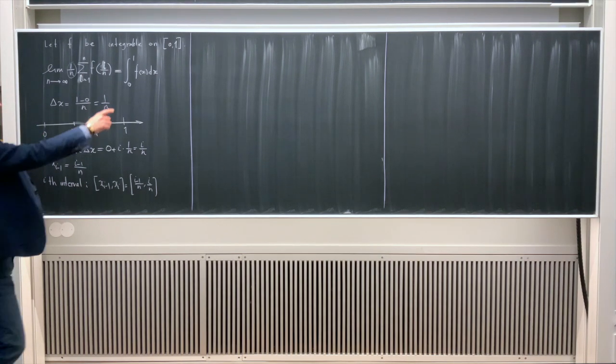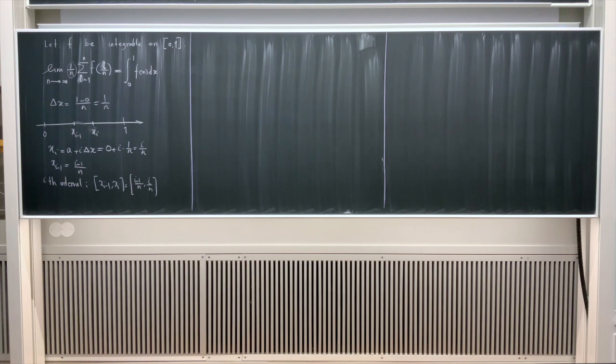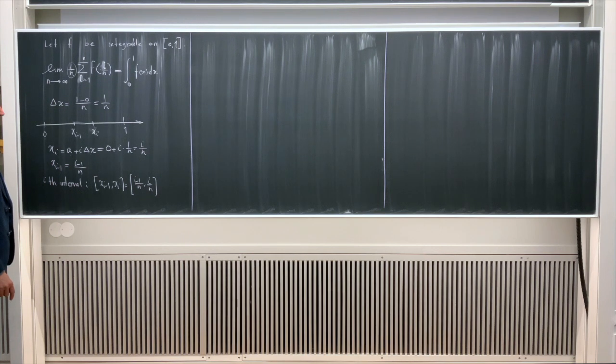So a is the initial point of my interval, b is the final point. Pardon? No, I usually calculate for x_i, and then for x_{i-1}, I replace i with i minus 1. This is easier. Yes?